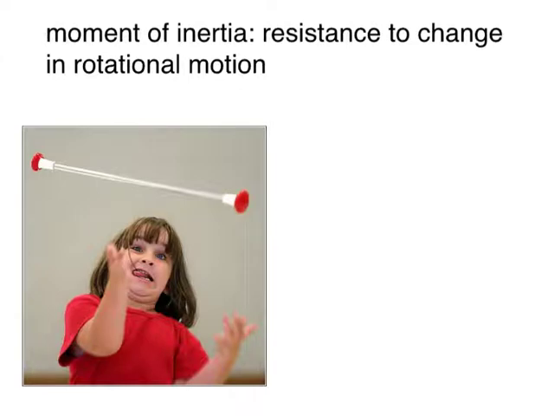So there is a rotational form of Newton's second law. It tells us that the amount of angular acceleration that we expect to get out of a given amount of torque is inversely proportional to this symbol I, which is the moment of inertia, the resistance to change in rotational motion.